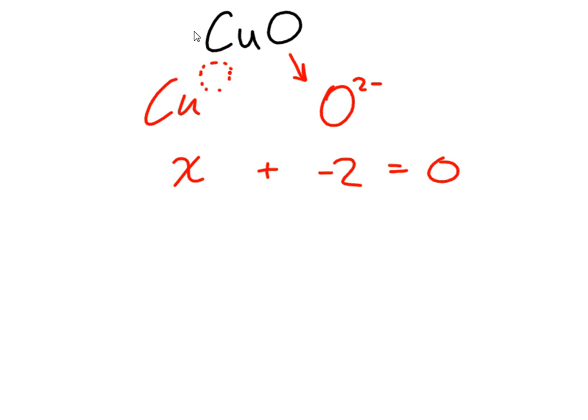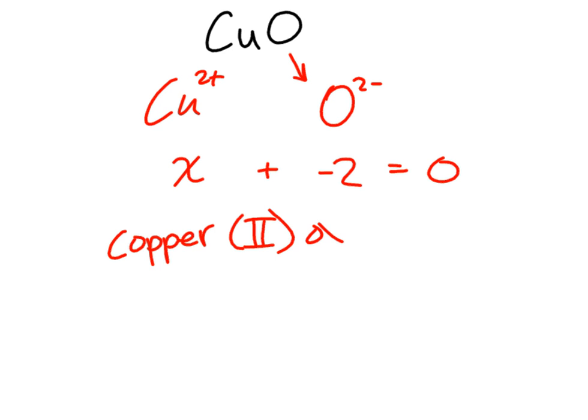In this case, x plus -2 equals 0. That means copper is really copper 2. Okay? And if I was to write that out, it would be copper 2 oxide.